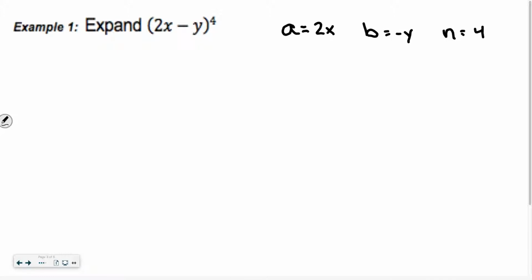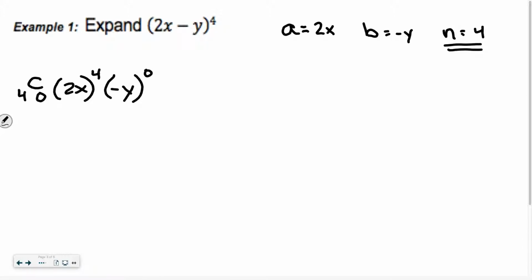Okay. So if I want to expand this binomial, I know n is going to be the number that I'm choosing all my combinations from. So it's going to be a combination of 4 choose something. And I always start with 4 choose 0, the lowest number. So we're going to do a combination 4 choose 0 times 2x to the highest exponent 4 times negative y to the lowest exponent 0.